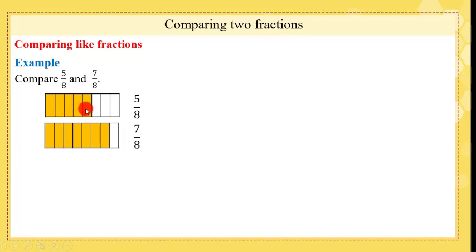Then shade 5 columns out of 8 in the first rectangle and 7 columns out of 8 in the second rectangle. Notice that in the first rectangle we shaded fewer columns than in the second one. Since 5 is less than 7, then 5/8 is less than 7/8. So to compare like fractions, it's enough to compare their numerators.